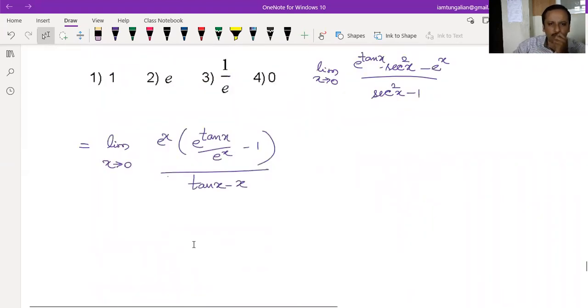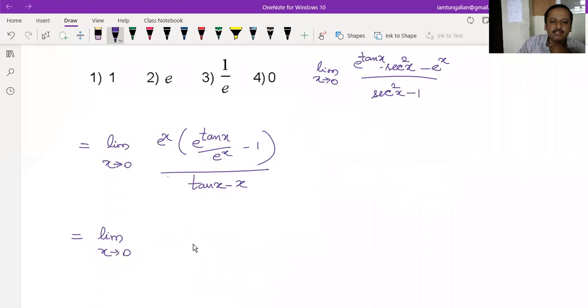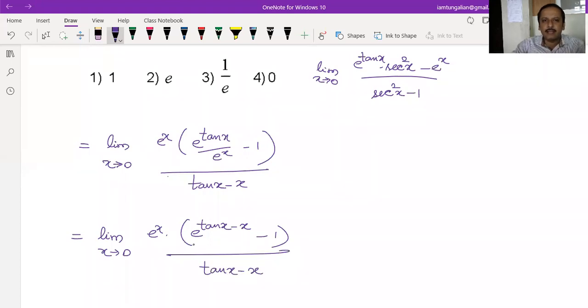Okay, I'll send a PDF in the group, but attend to the last question, Sneha. Limit as x tends to 0, e power x, e power tan x by e power x can be written as e power (tan x minus x) minus 1 divided by tan x minus x.